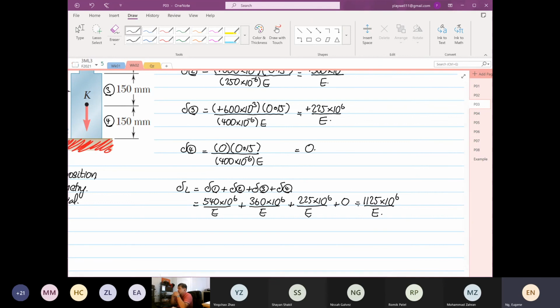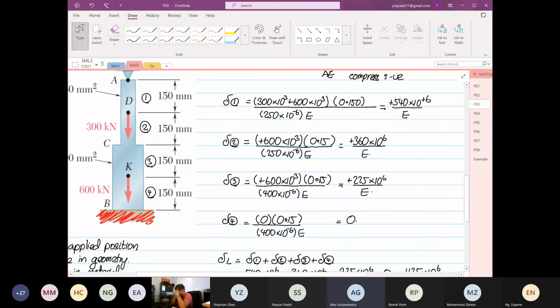Could you please explain why for section number 2 our P is 600, please? Okay, because the 300 is on top of the 200, yes or no? Correct. So if we have the hangman theory, right, your head is being pushed down by the 300 kilonewton, right?